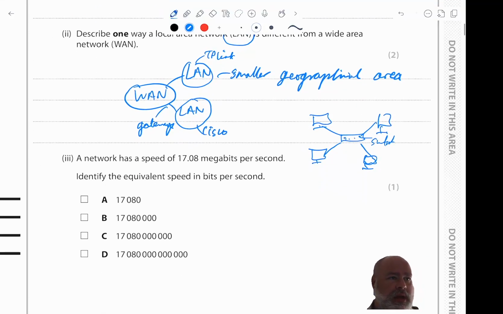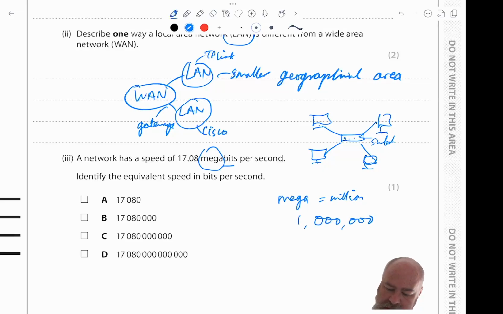Just to give you context here, because obviously we're revising. A network speed has 17.08 megabits per second. It's important to remember that these are bits per second, not bytes. And you just need to remember that a mega equals a million. So you've got 6 zeros for a million.